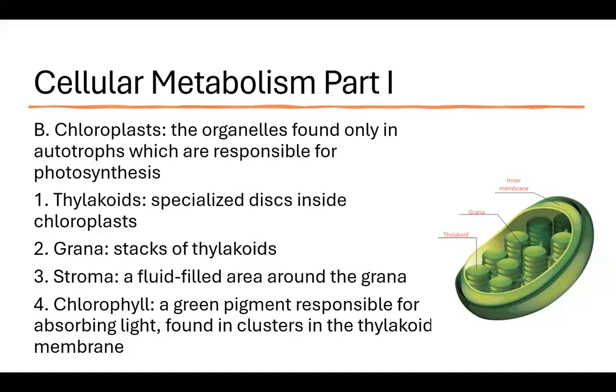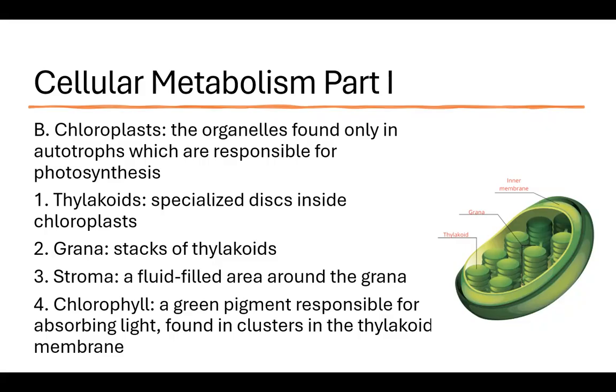So when we think about our autotrophs, we think of the process of photosynthesis. In order for photosynthesis to occur, we need to have chloroplasts. Some parts of the chloroplast are the thylakoid, which are those specialized discs. Stacks of these discs are called grana, and stroma is the fluid area around the grana.